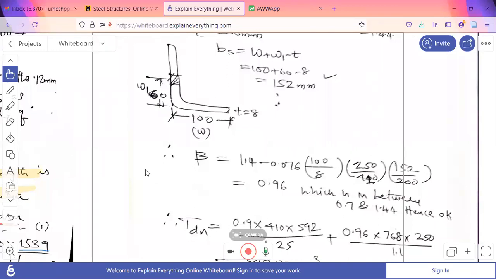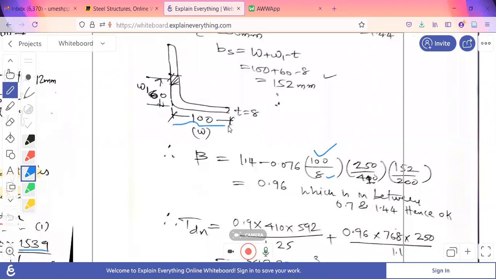Now observe this formula here. I'll just write it again. Observe this. Beta calculation. You have to see the book and code book and understand what those are first. So it is 1.4 minus 0.076 W by T. W is this distance.